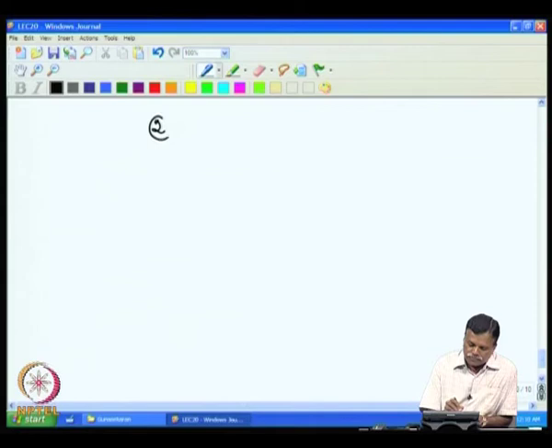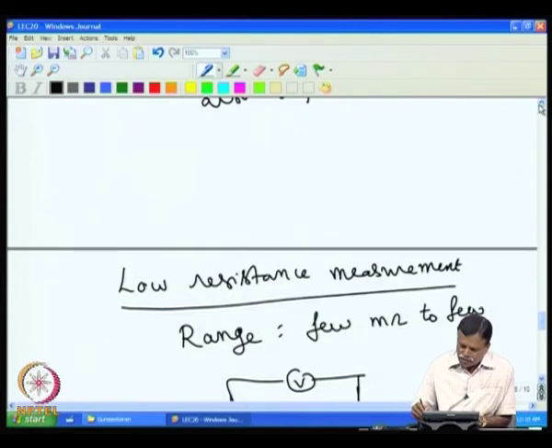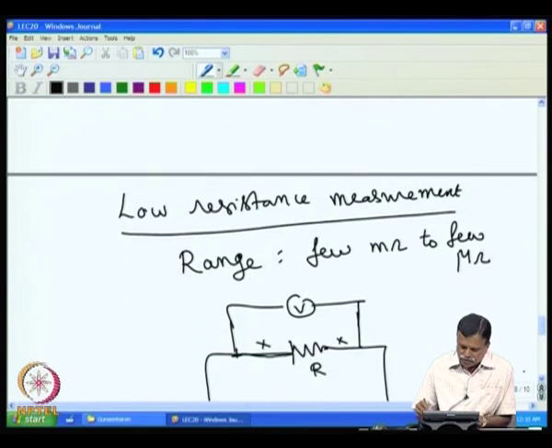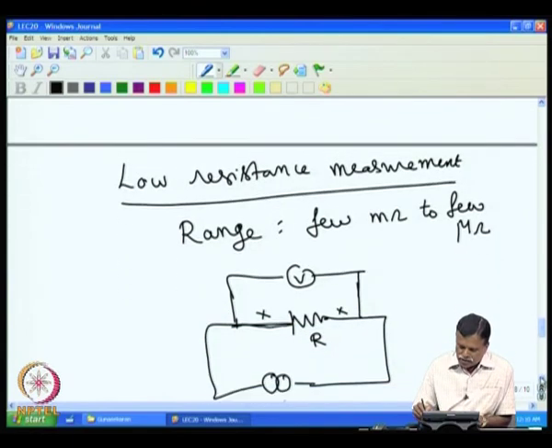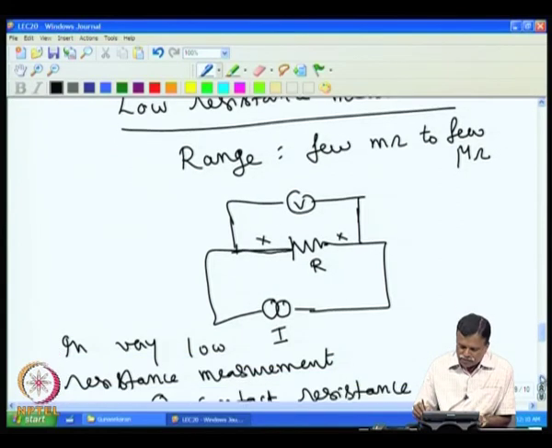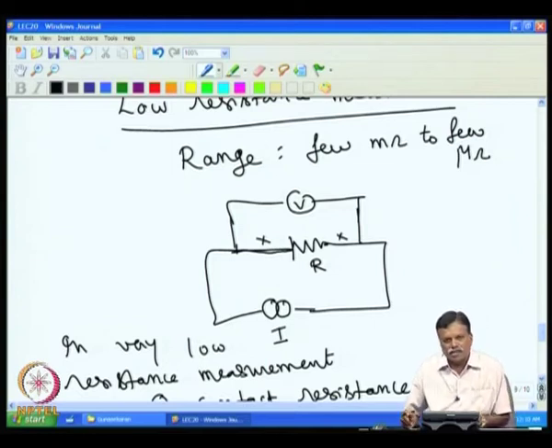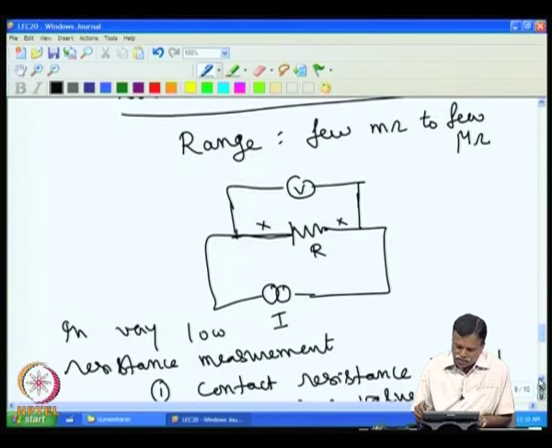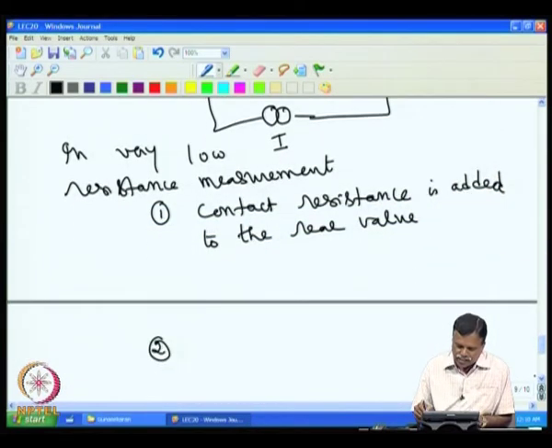Then second, since it is not a null method, some small amount of current will be flowing through this, and that will give error, and that anyway we will leave as the earlier calibration error. So, eventually, if I am making a very low resistance measurement, then the contact resistance adds to the resistance value.